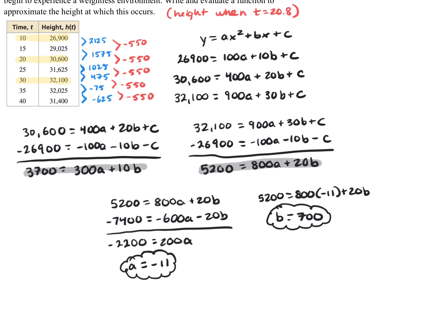Maybe I'll just do that first equation. So we have 26,900 equals 100 times negative 11 plus 10 times 700 plus C, and we should get that C equals 21,000.